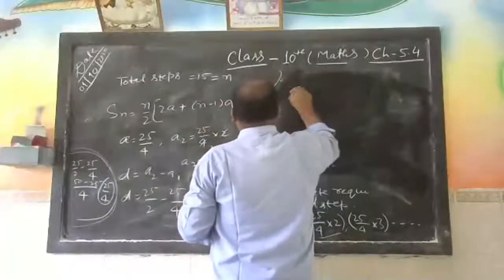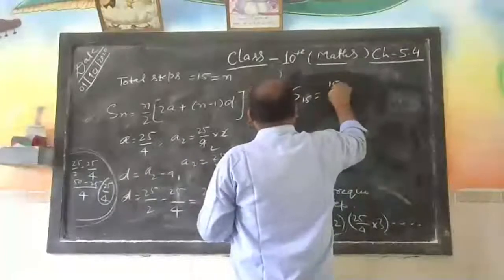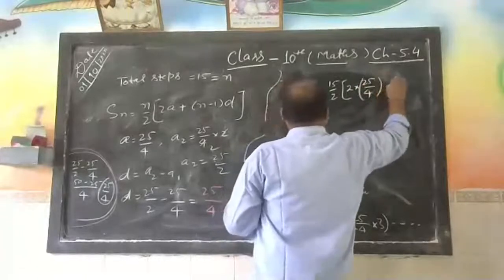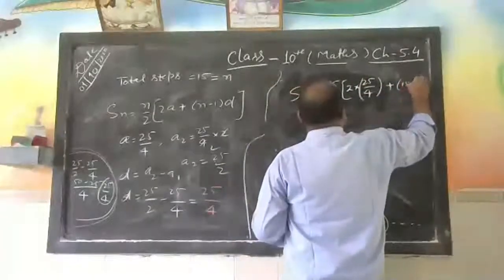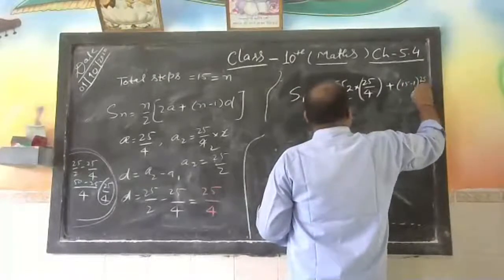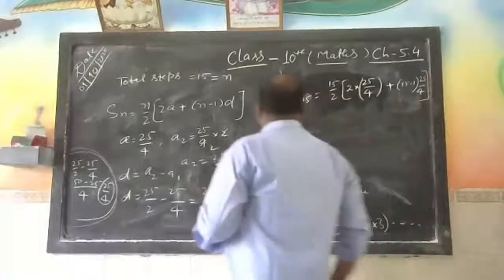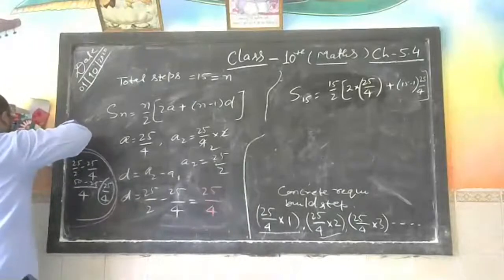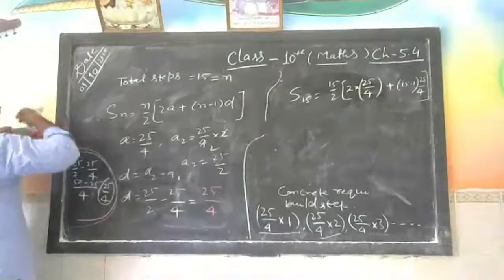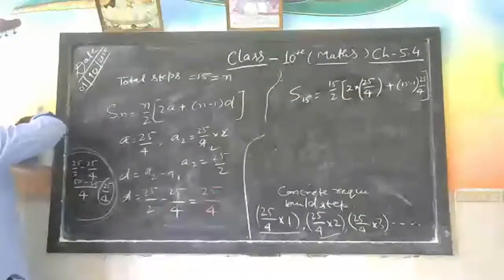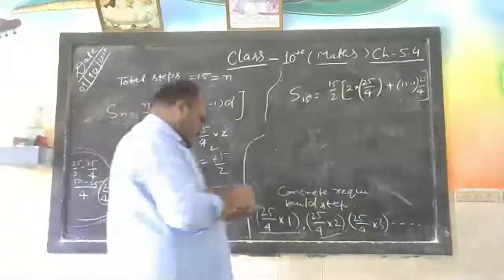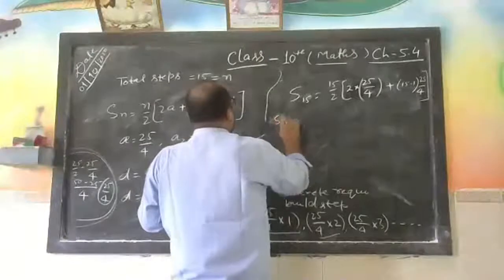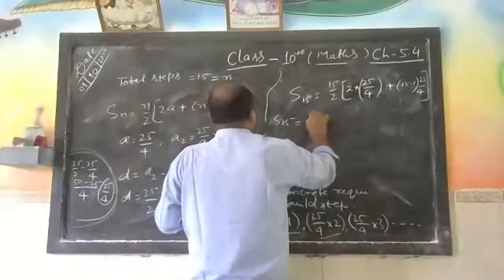So, S15 is equal to 15 by 2, 2 into 25 upon 4 plus 15 minus 1 and 25 upon 4. So S15 is equal to 15 by 2.